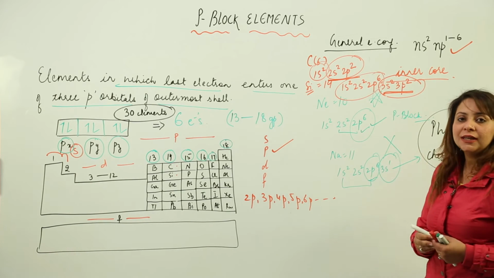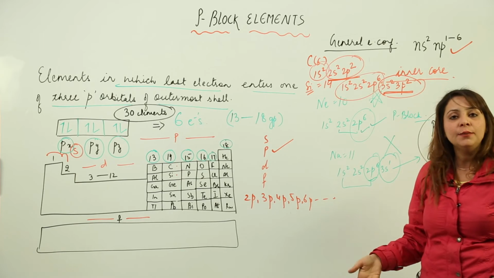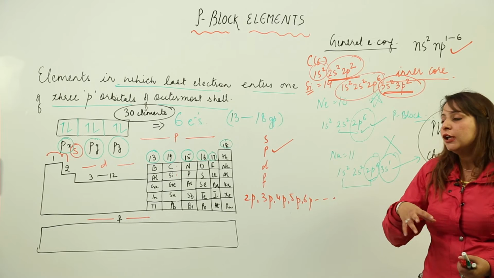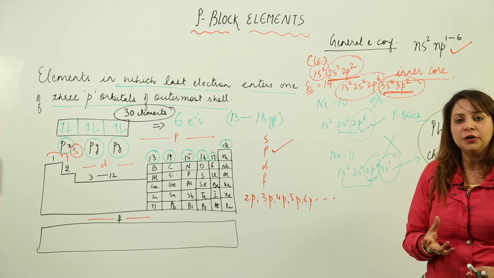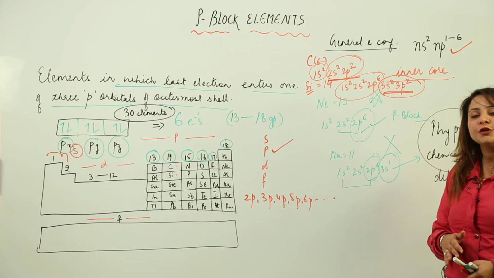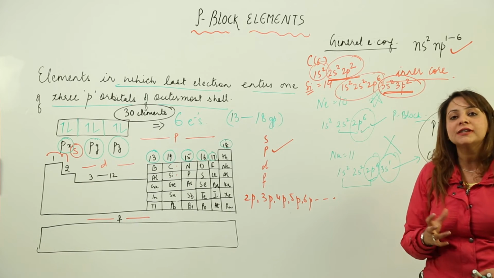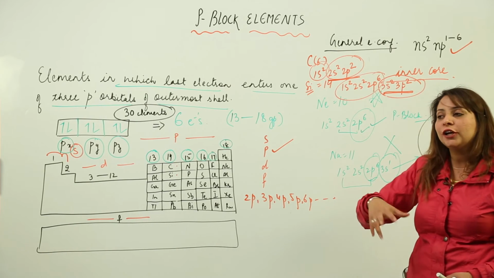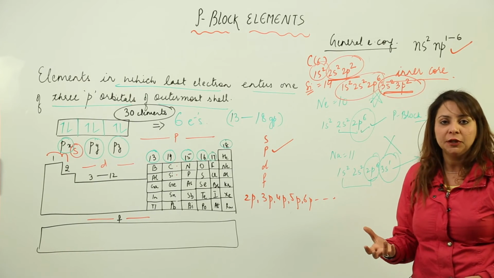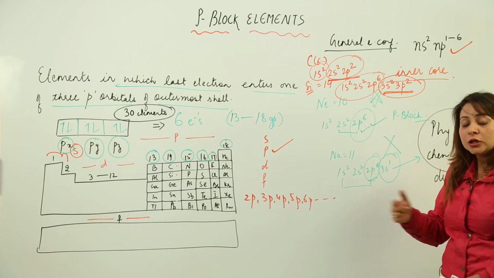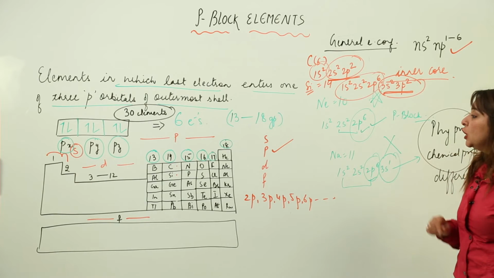So though they belong to the same group, you can still see a gradation in properties. The reason is that though they have the same electronic configuration, the inner core configuration is different, and that is the reason they show different physical and chemical properties, or we get to see gradation in physical or chemical properties. So this is the reason behind it, right?